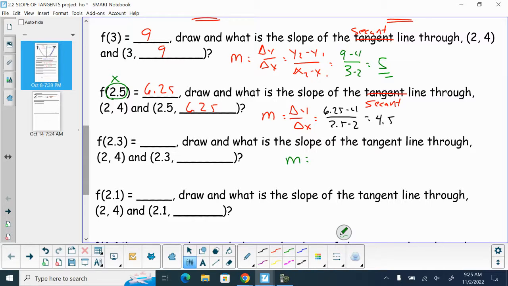Well, to find the slope of this line, we need to have 2 points once again. So we need to know what a y value is of 2.3. Our y value at 2.3 is what, Grayson? 5.29. So we want to find the slope, delta y over delta x.